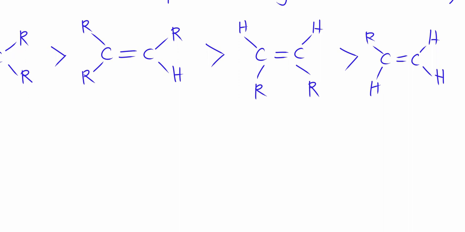Okay, so one particular objective in this course is to be able to recognize an alkene and its level of substitution. Okay, do not get degrees of unsaturation confused with level of substitution for an alkene.